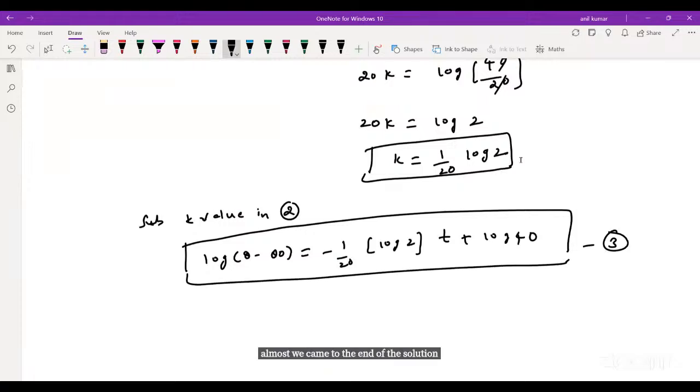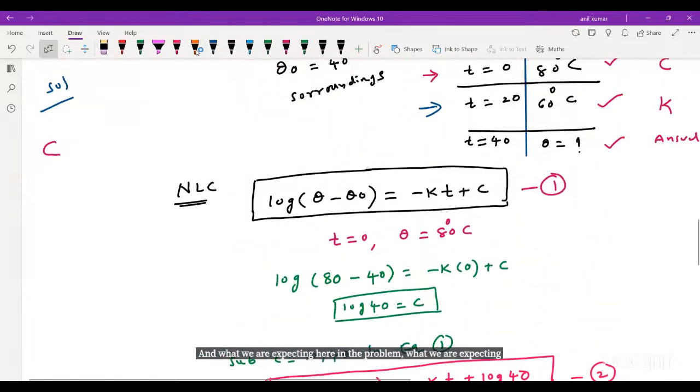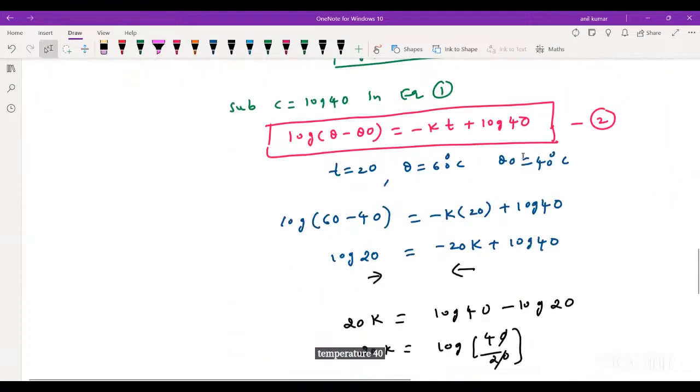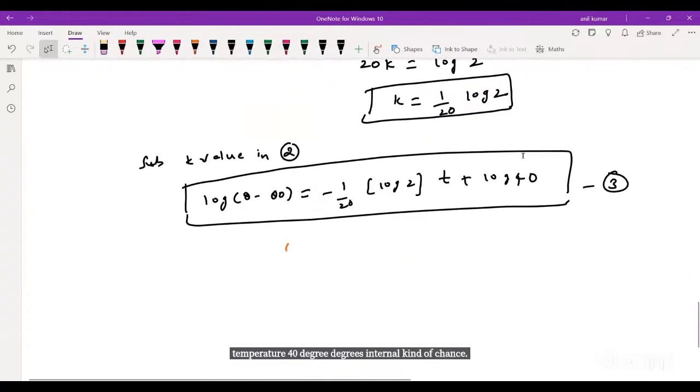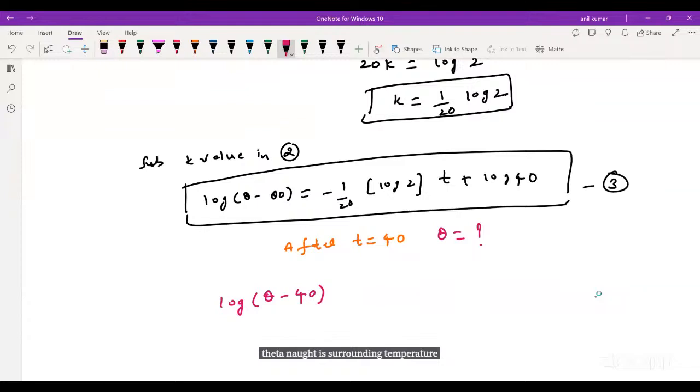This is equation 3. And what are we expecting in the problem? We need to find out the temperature at 40 degrees. Substitute: theta naught is the surrounding temperature, that is 40.